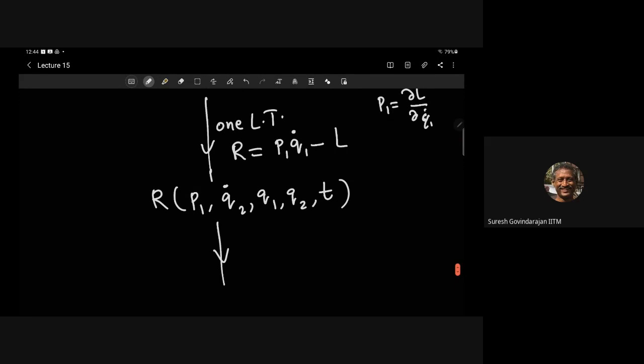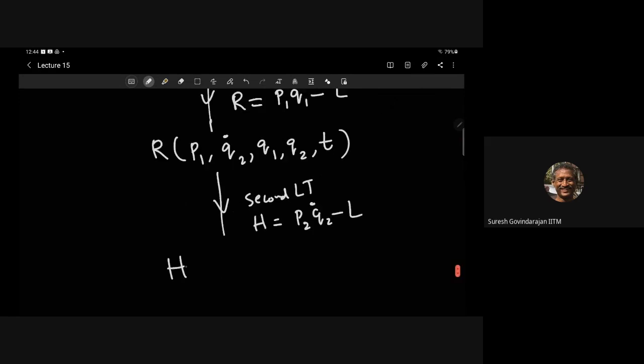Then we can do a second one. And now we get something which is a function of only P's. So won't it be minus R? One second. Let me just write this.